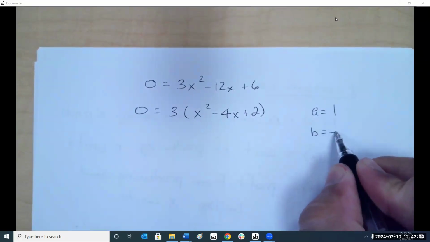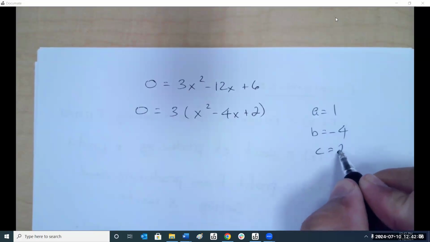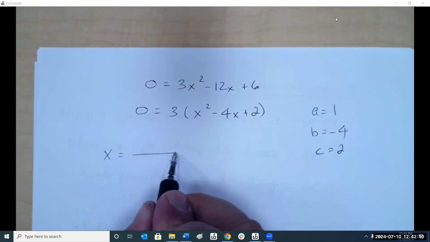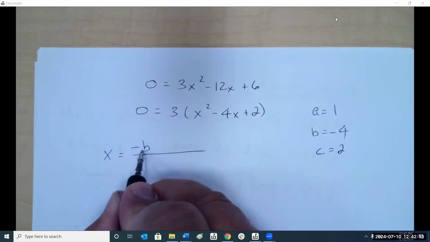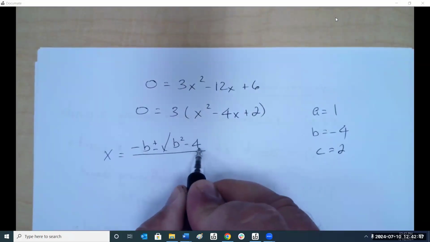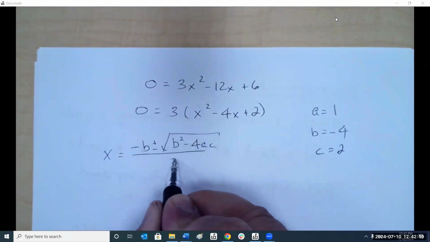Labeled A, B, and C, and use the quadratic formula.